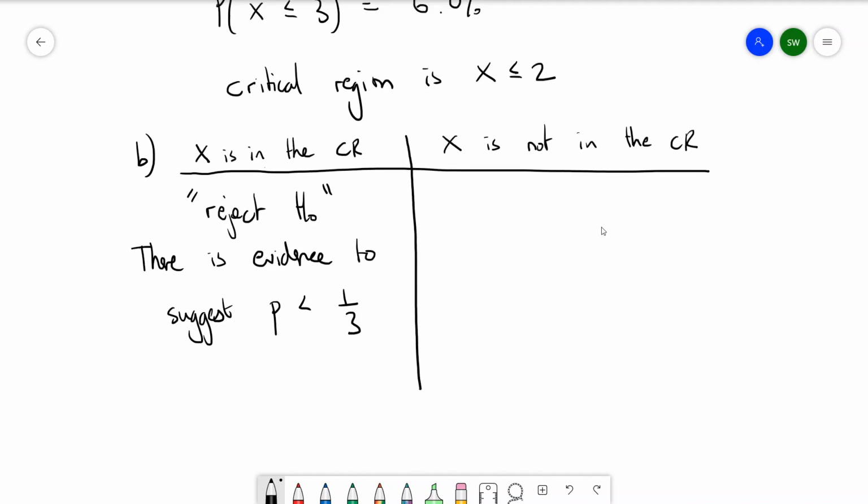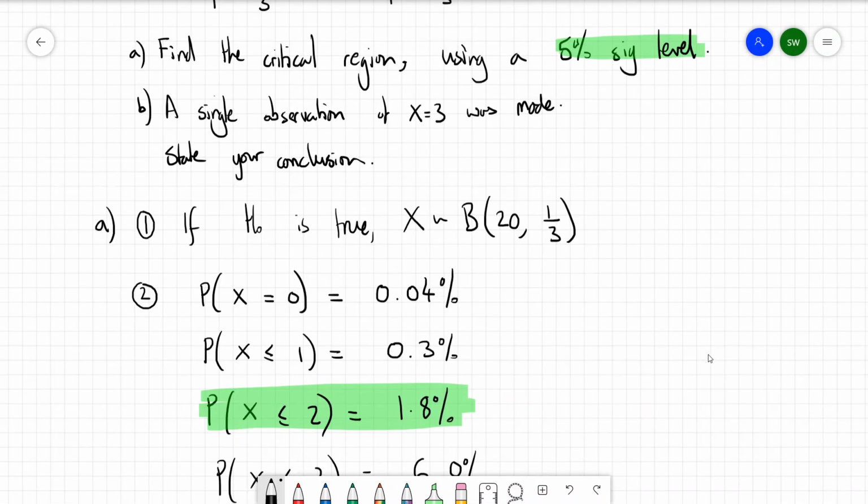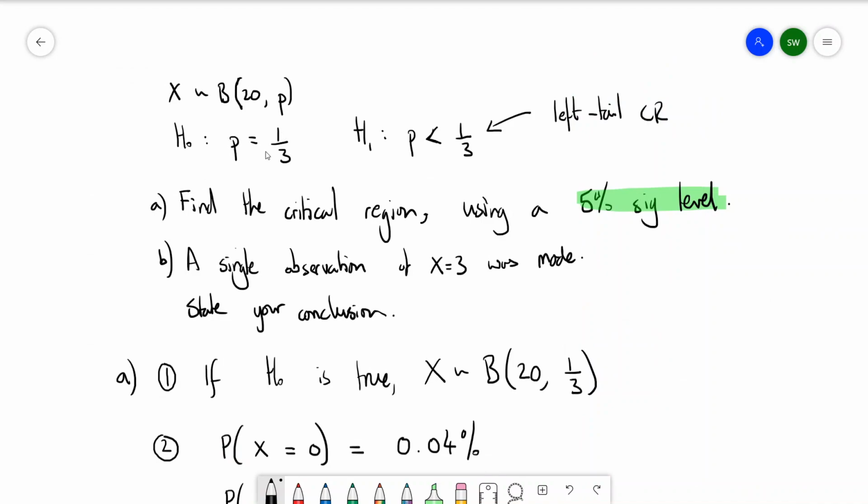If X is not in the critical region, we're going to do what's called not reject H0. So if we do not reject H0, what we're saying is actually we didn't find enough evidence to support H1.